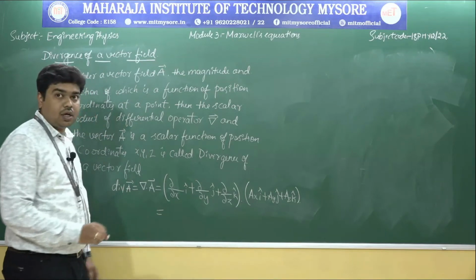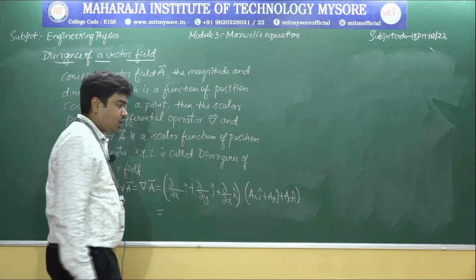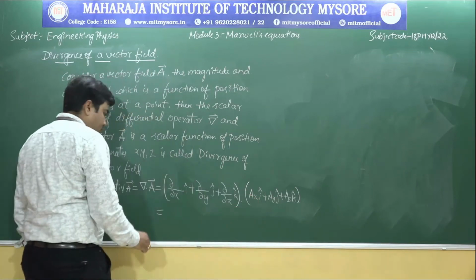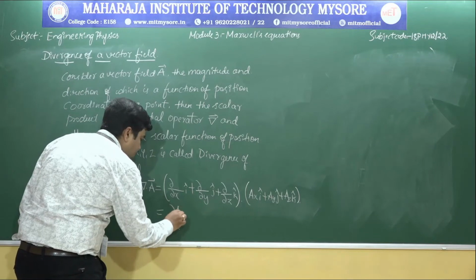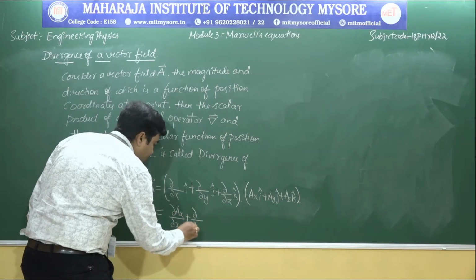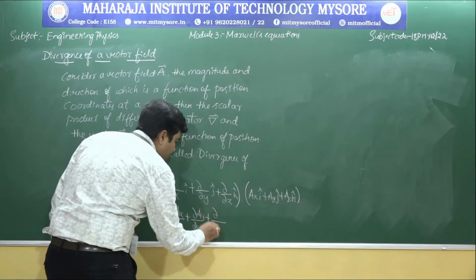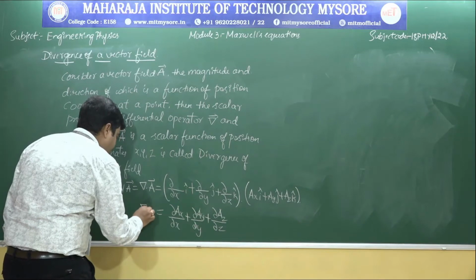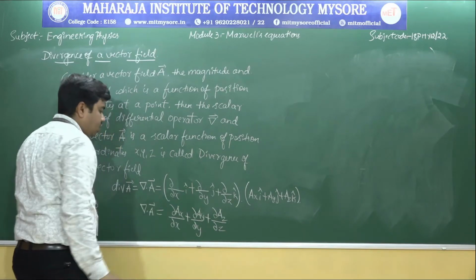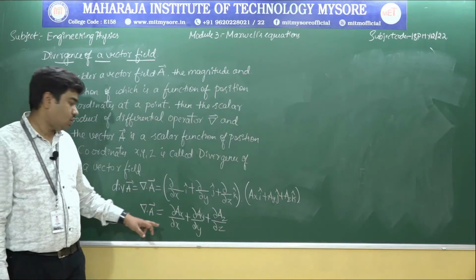Now, if we consider the scalar product of these two, the differential operator along with the vector, then we will get dou by dou x of ax plus dou by dou y of ay plus dou by dou z of az. So, this is the equation form for the divergence of a vector function.